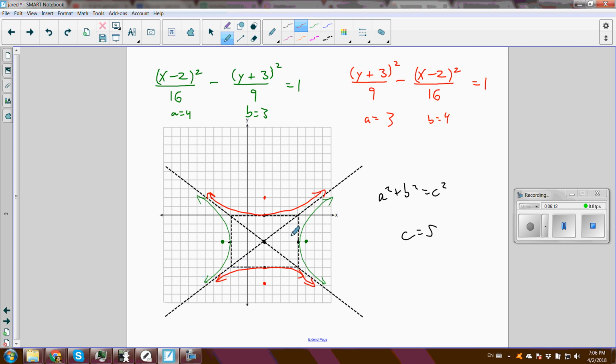And the equations of the asymptotes depend on whether you're talking about the green or the red.